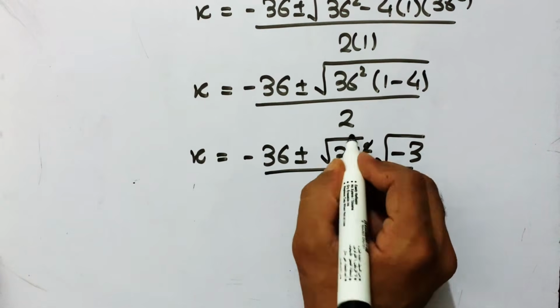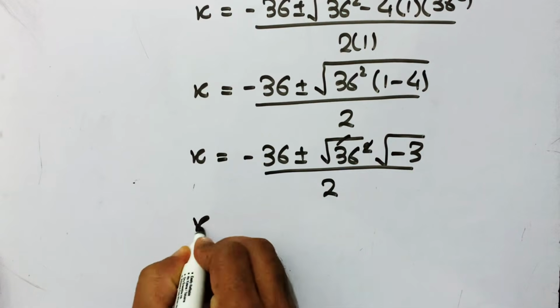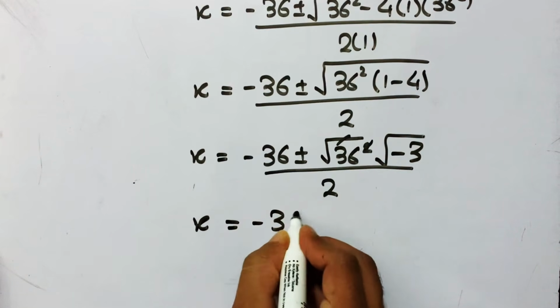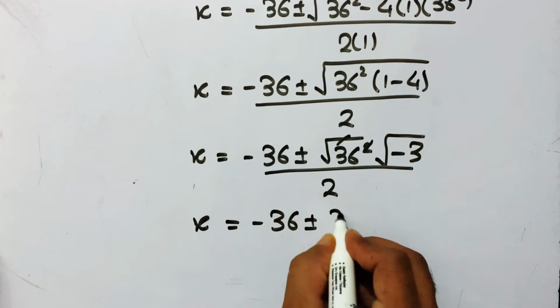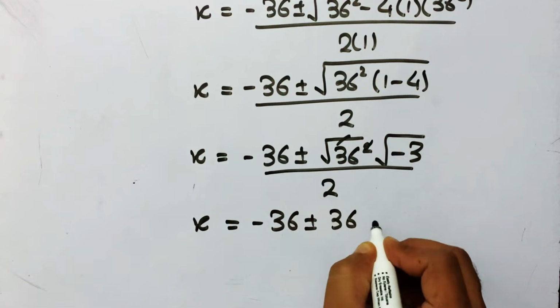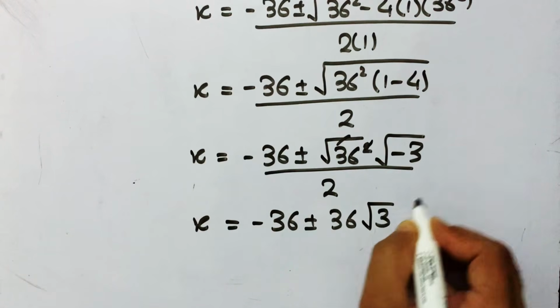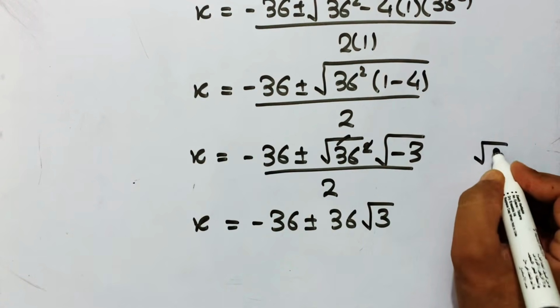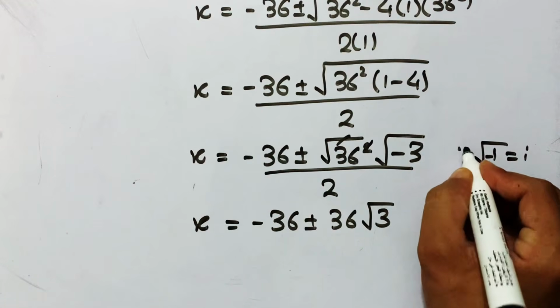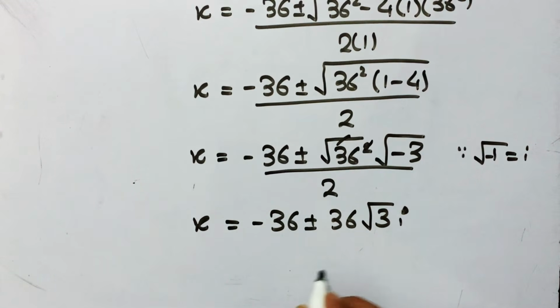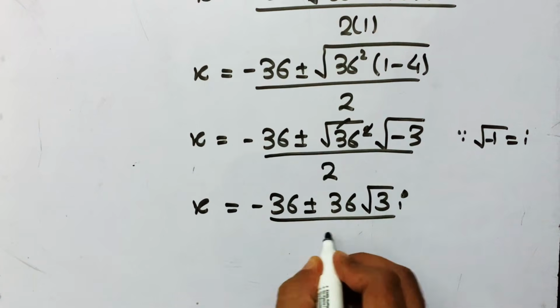The square and square root cancel, so we get 36 times the square root of 3 and the square root of minus 1, which is iota.